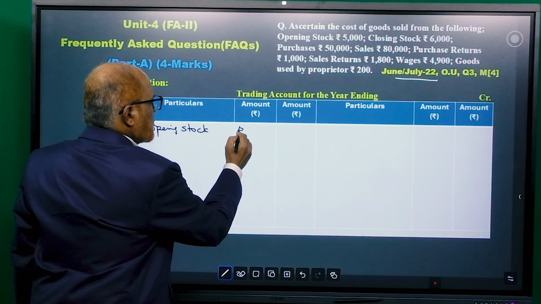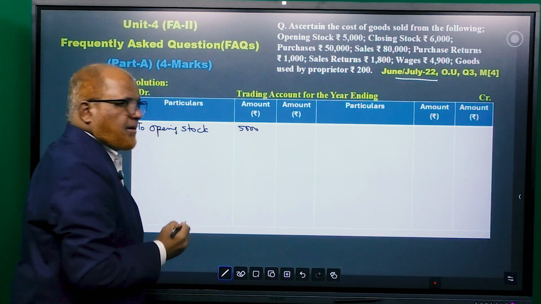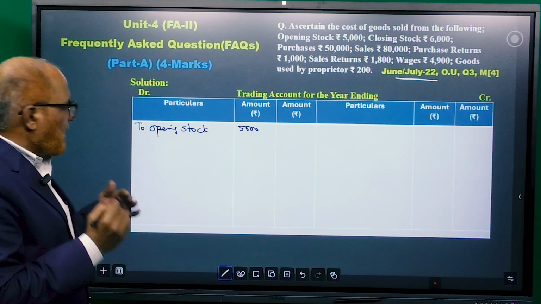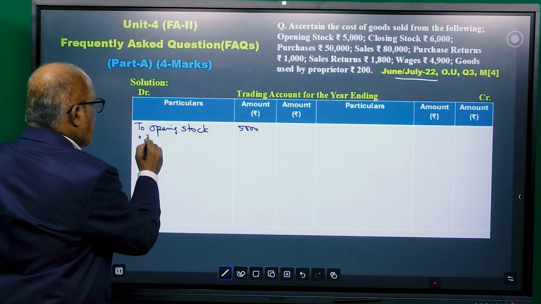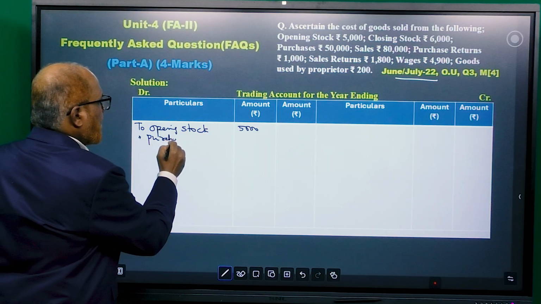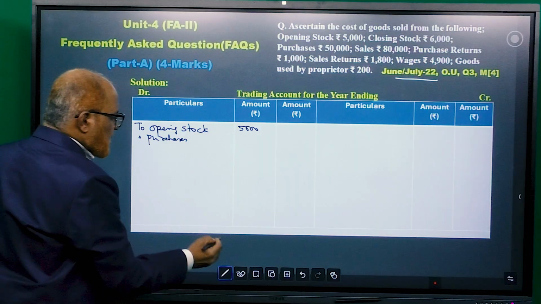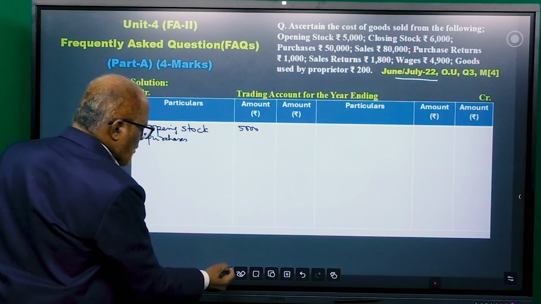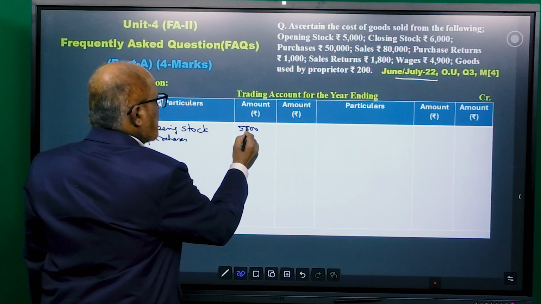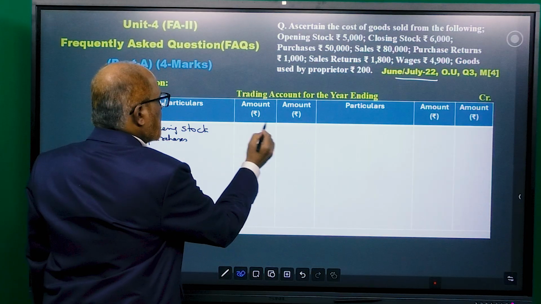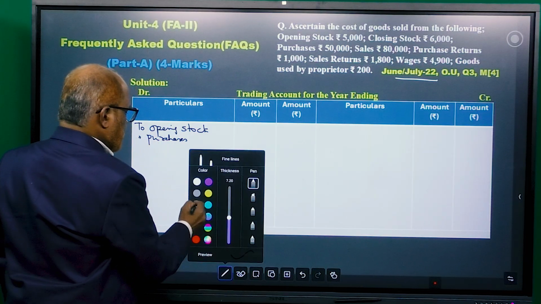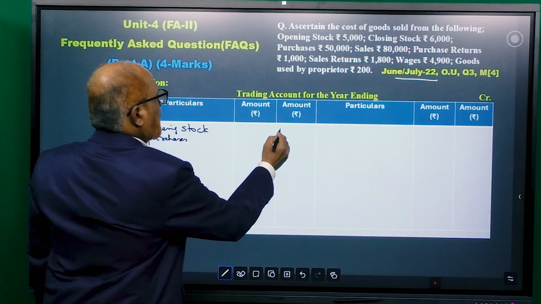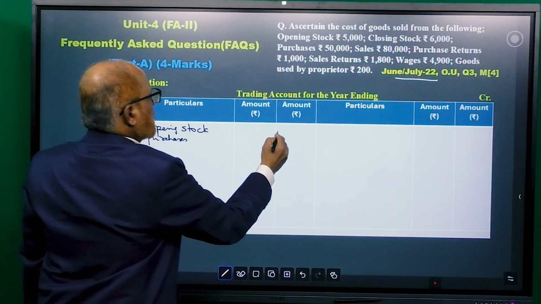So take it 5,000 on debit side, right? Instead we can take the opening stock in the outer column. So I'm removing this. I'm writing this in the outer column. That is 5,000. Opening stock is 5,000.